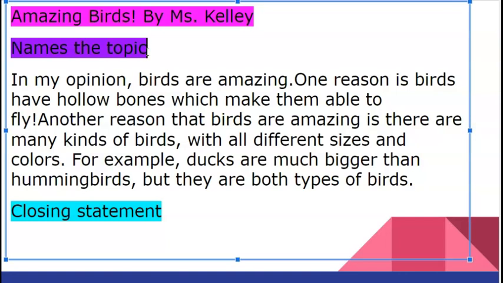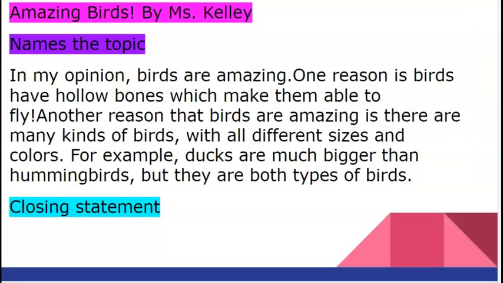I need to do a topic sentence. Now, when we're writing a topic sentence, it's something to, again, make that reader really interested in your writing, really excited to read what you want. Now, one way that you can really draw in your reader, really hook them into your writing, is to ask a question or tell an interesting fact.